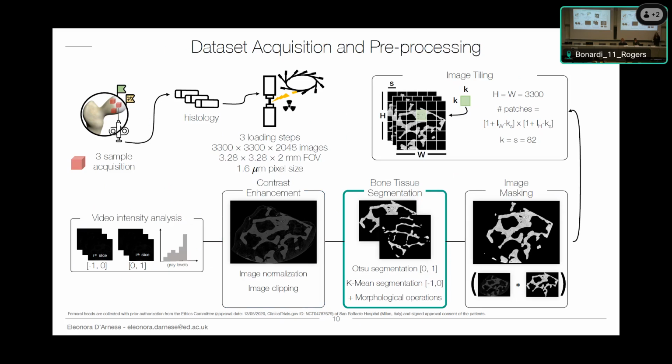And thanks to morphological operation, we have refined and extracted only the region of interest. At this point, by masking, we have extracted the information that we care about, and in the end, we have extracted patches. This is because, as you can imagine, working with images at that resolution and that dimension, it's not straightforward. And since we were interested in small objects inside the images, going with patch-wise application was more convenient.